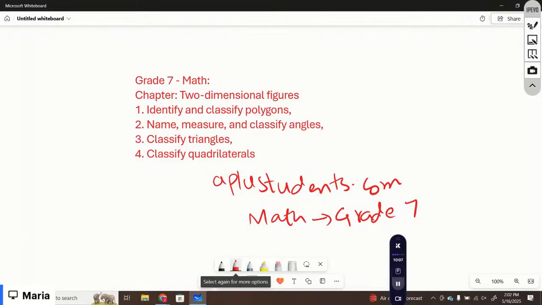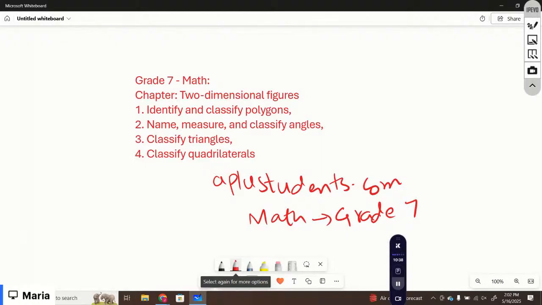We're going to start with the chapter. Identify and classify polygons. Name, measure, and classify angles.